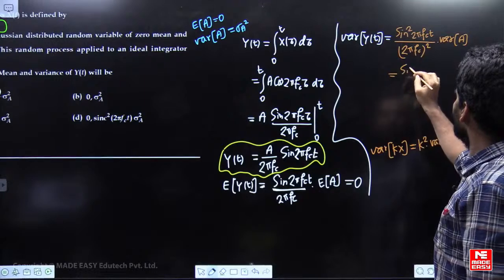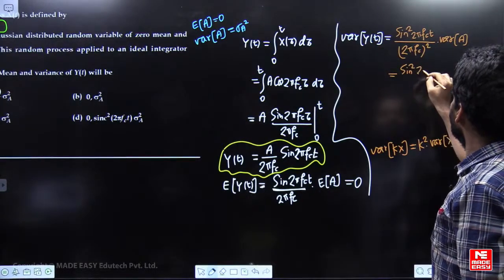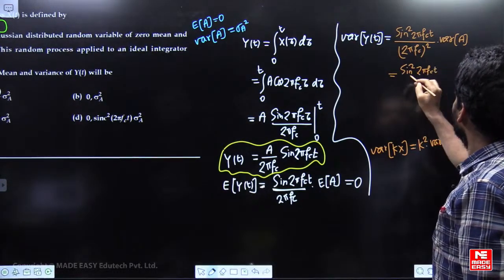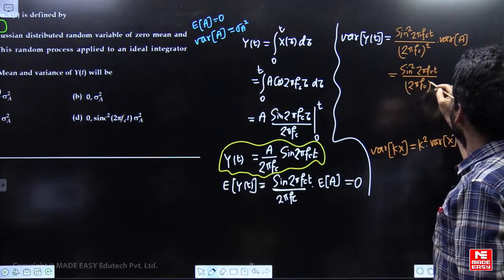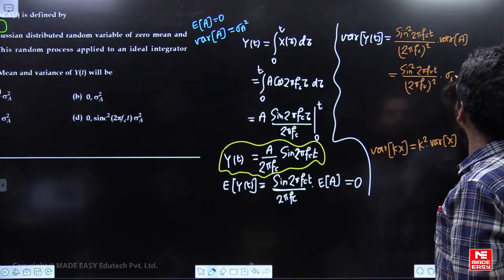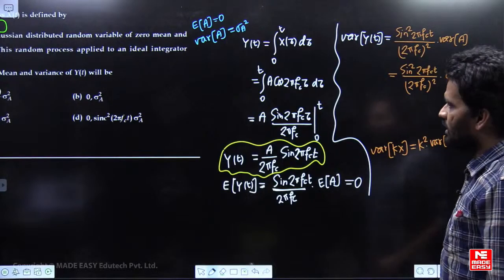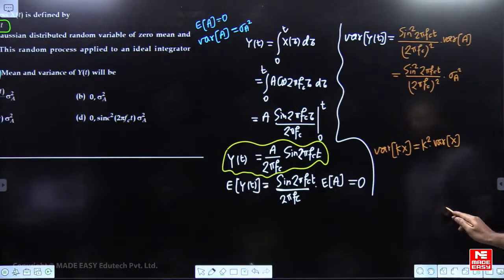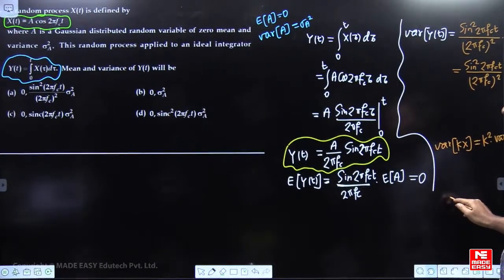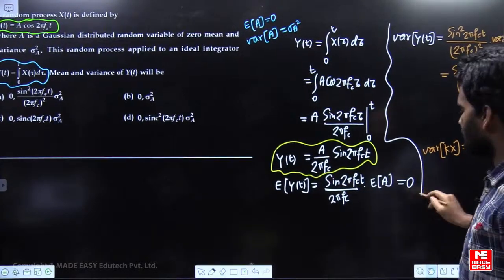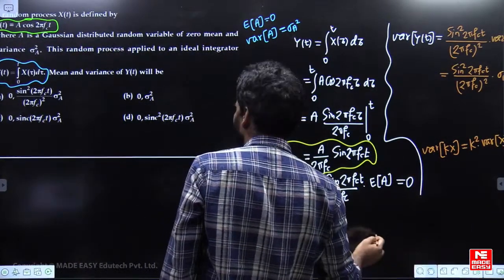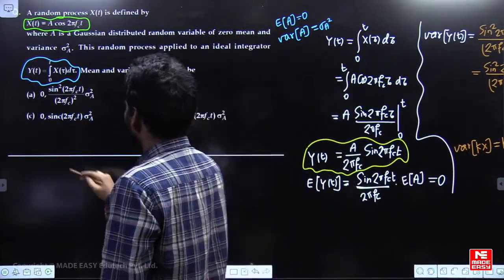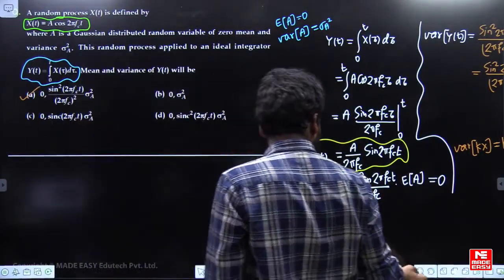So this is sin squared(2πf_c t) upon (2πf_c) squared, into sigma A squared. Is any option matching with this? Yes, option A is matching with this. Option A.